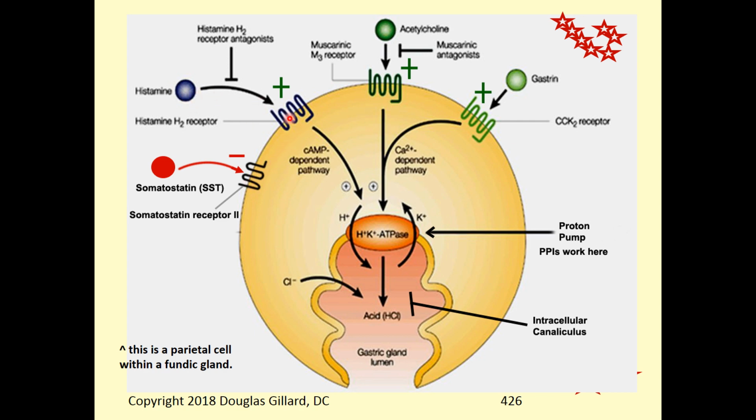There's histamine binding to its H2 receptors. Here's a muscarinic M3 receptor, which binds acetylcholine from Meissner's plexus, which comes from parasympathetic efferent nerve endings. And then there's gastrin, which we'll talk about, binding the CCK2 receptor. That's a parietal cell. Kind of a cool picture.